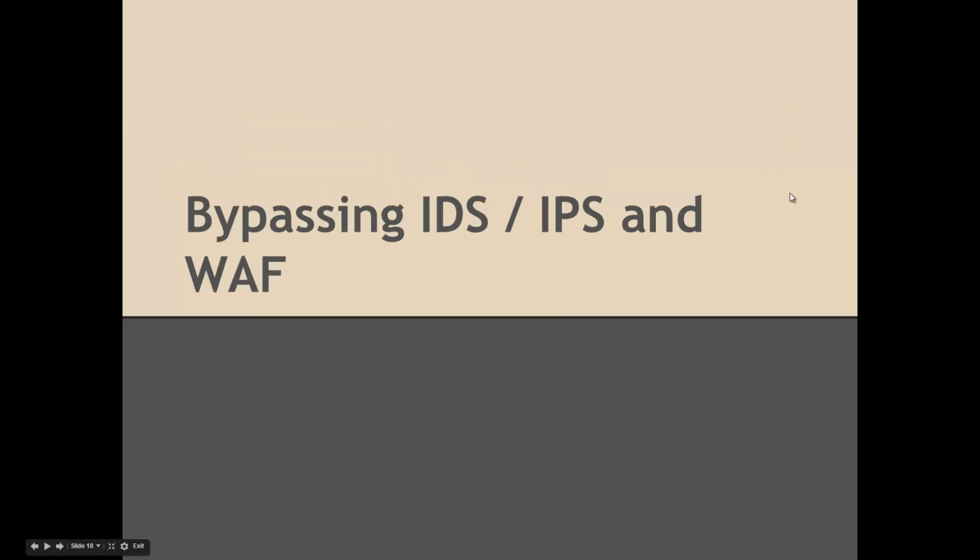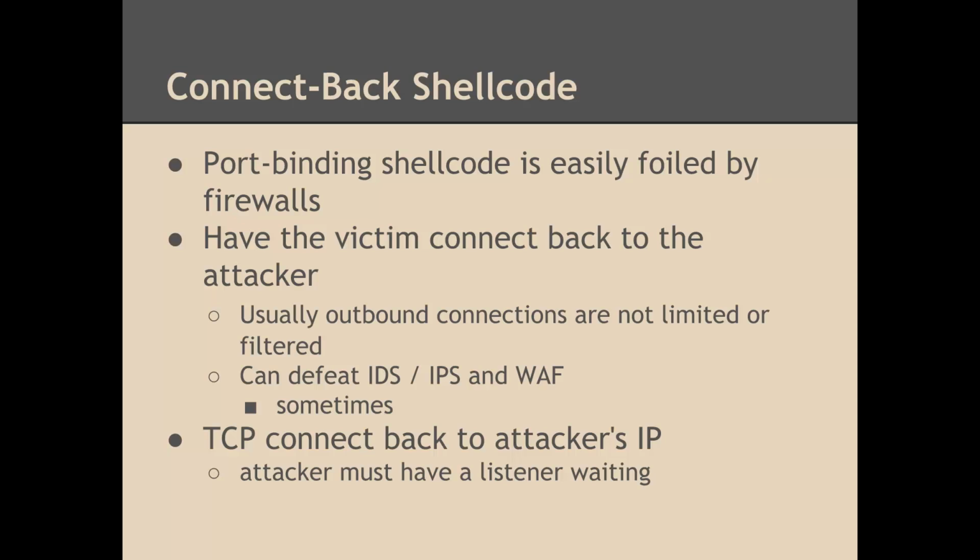So we're going to talk now about bypassing intrusion detection systems and prevention systems, and then finally web application firewalls. We're going to revisit the shellcode lectures. So we talked about port binding shellcode and discussed how it's easily foiled by firewalls and easily foiled by NATs.